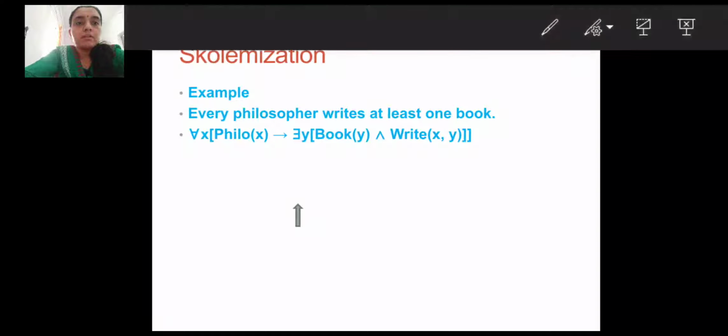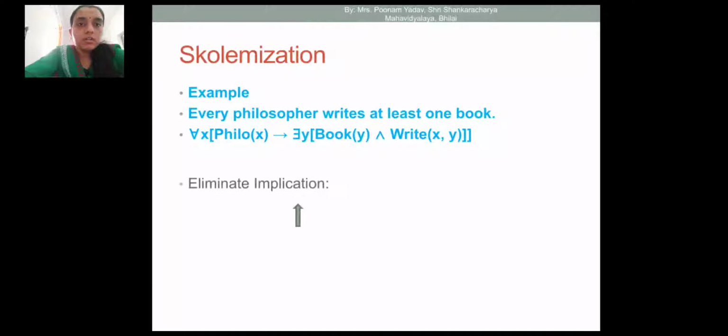Another example. First eliminate the implication sign. Every philosopher writes at least one book. For all x, philosopher x implies there exists y, book y and writes x y. So there exists some y, a book y, that x writes.